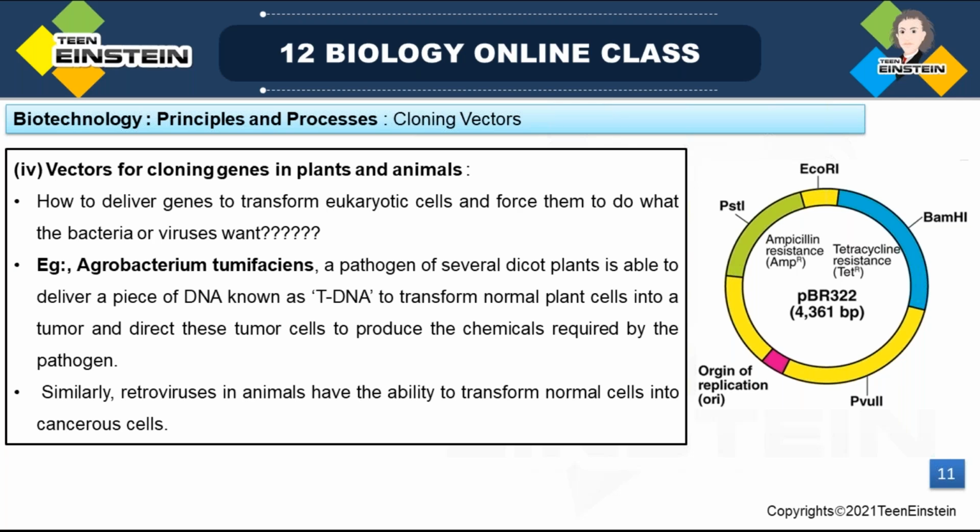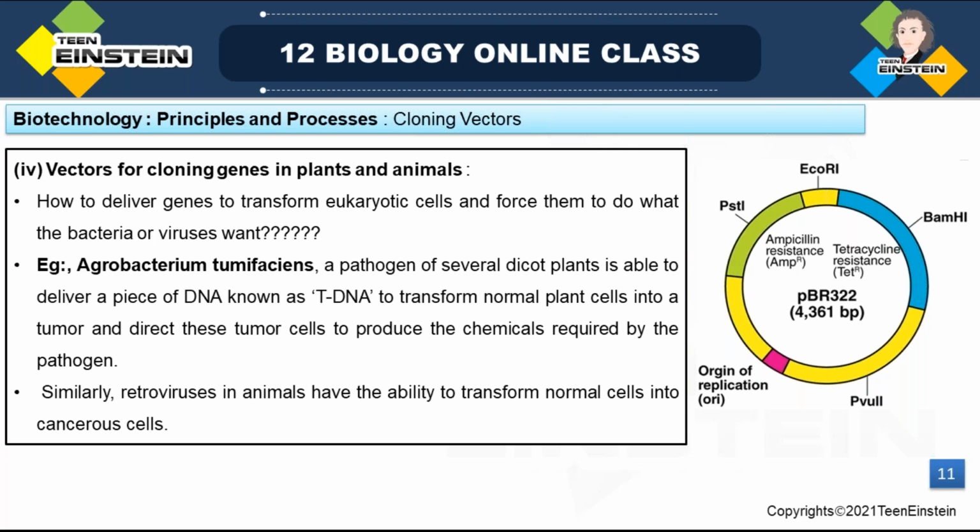So how to transform a eukaryotic cell, or how can we deliver a gene to a eukaryotic cell? Up to this time, we were talking about prokaryotes. In bacterial cells, how we are delivering, or into E. coli, which vectors we are using. In that way, we were talking.